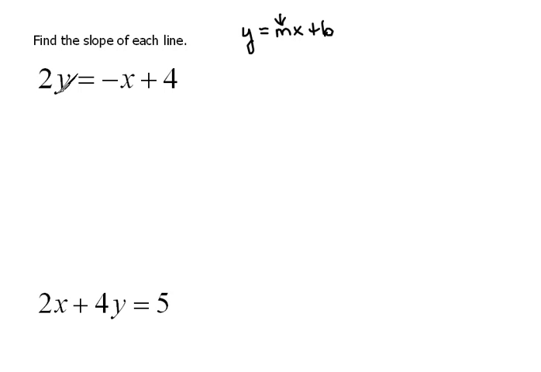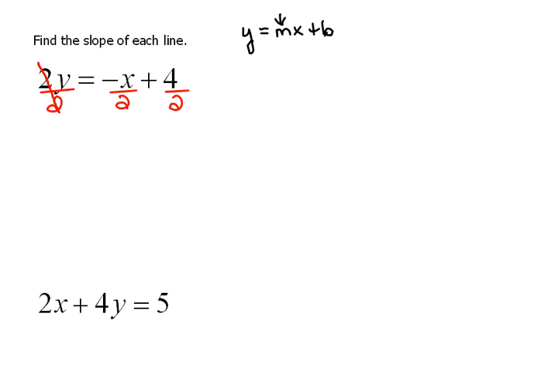Okay, right now this is almost solved for y, but the problem is that it says 2 times y. So the opposite of multiplying by 2 would be to divide by 2. Now I'm going to divide every term. I'll show you. This is a little bit of a trick to help you get this much easier, nicer.